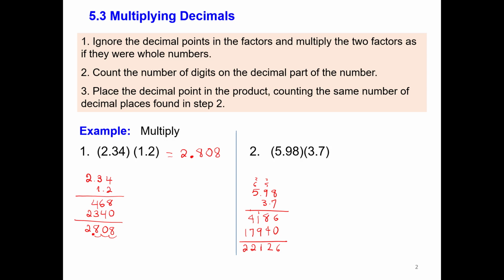Now step number 2: we need to count the number of digits in the decimal part. It's 1, 2, 3, and we do the same here: 1, 2, 3. Then the decimal point should be right over here. The product is 22.126.